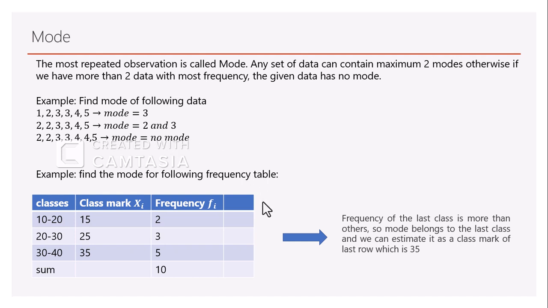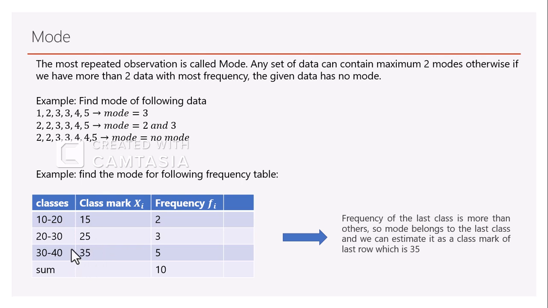And again, if we have a frequency table, we just look at the class which has the highest frequency. As you can see, the frequencies here are 2, 3 and 5. 15 is repeated 2 times, 25 repeated 3 times, and 35 repeated 5 times, and for this reason the mode of this table will be 35.